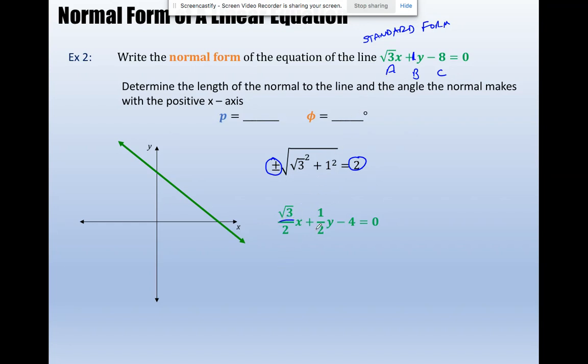So I took A divided by 2, took B divided by 2, took C and divided it by positive 2. Why did I do positive 2? My choice was positive because I wanted this value to be positive.